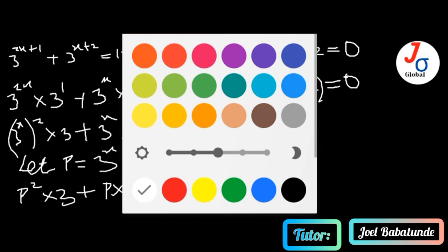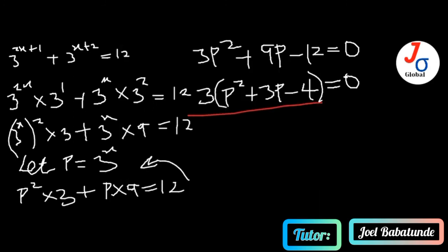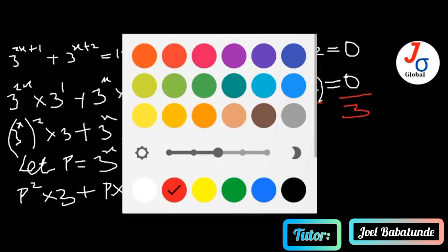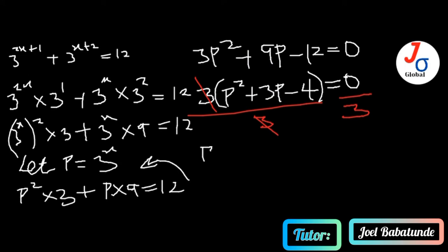So I divide both sides by 3. So 3 cancels out 3. And so I have p squared plus 3p minus 4 equals to 0 divided by 3 is 0.